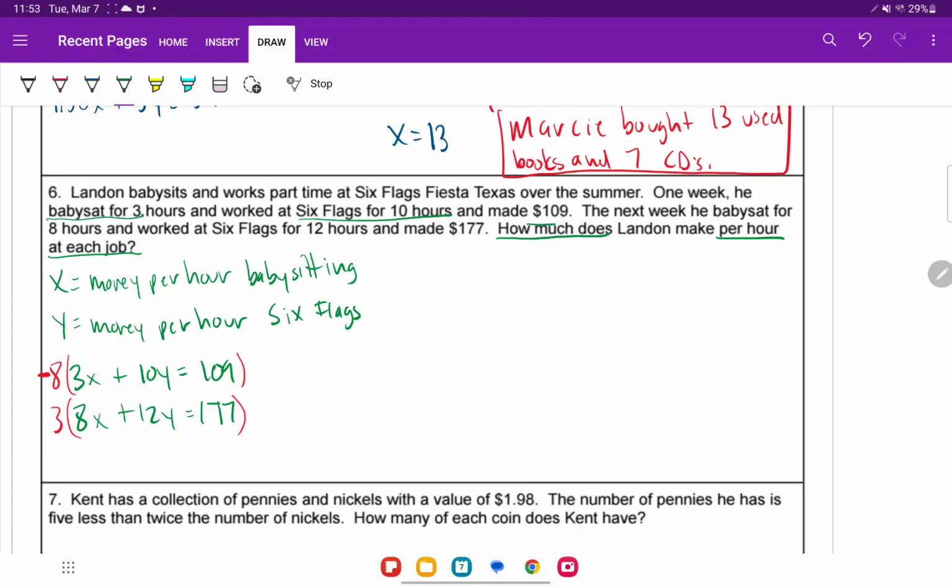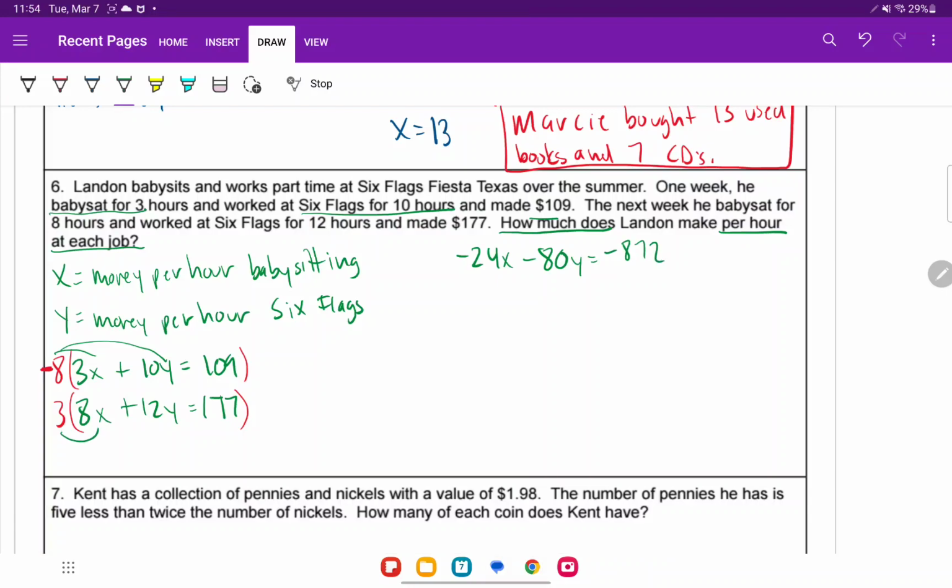So we have negative 8 times 3 is negative 24x. Negative 8 times 10 is negative 80y. And then negative 8 times 109, let me put that in the calculator real quick. So negative 8 times 109 is negative 872.